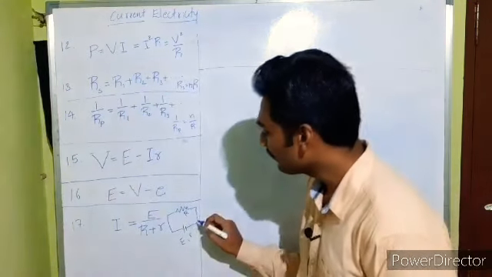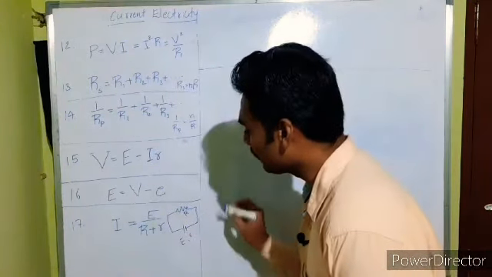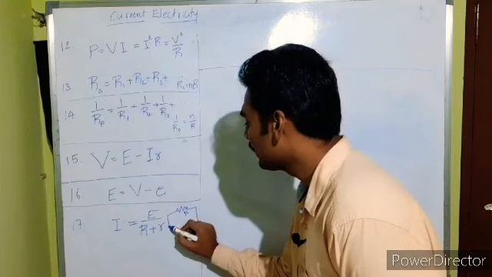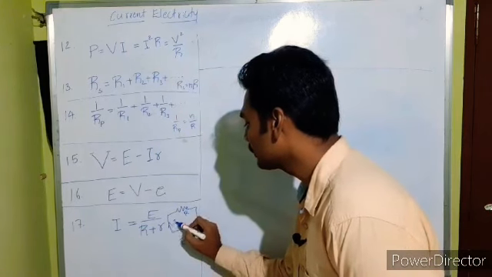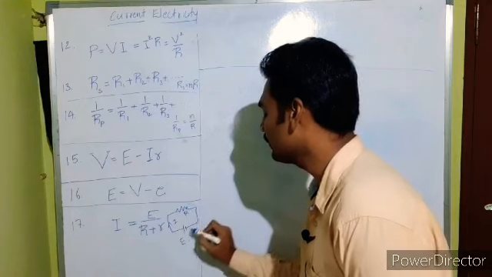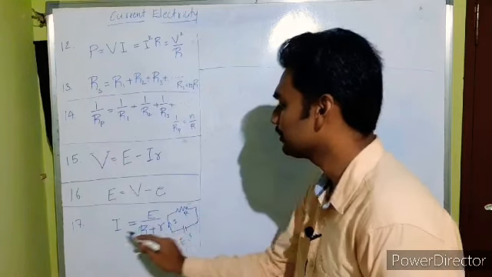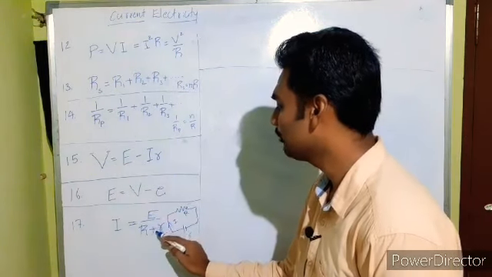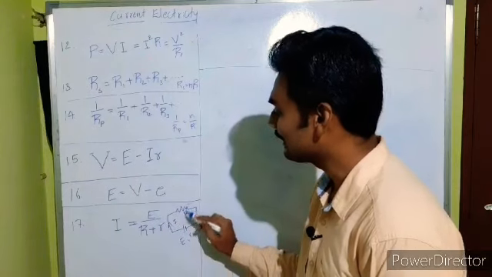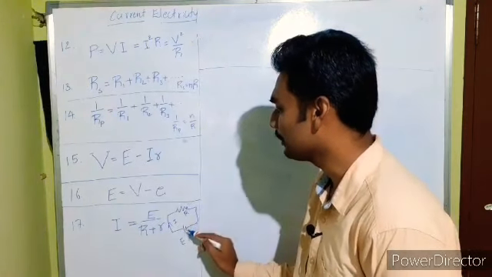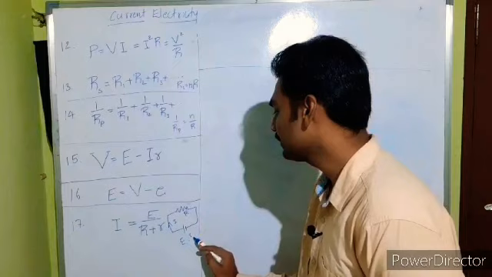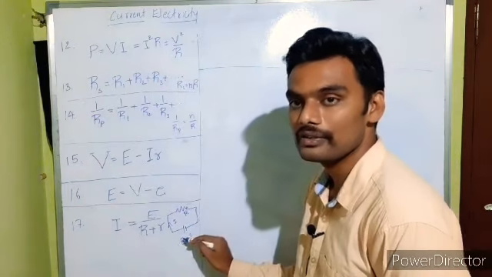When you have such a circuit, then there will be a certain current through the circuit, right? And that current is given by I is equal to E by R plus r, where R is the external resistance of the circuit, small r is the internal resistance of the cell.